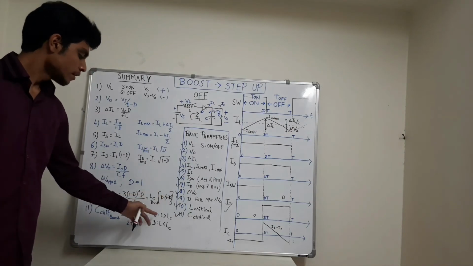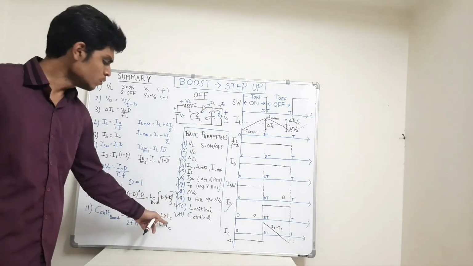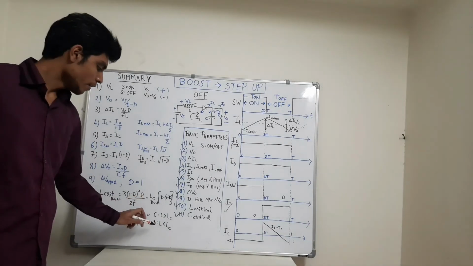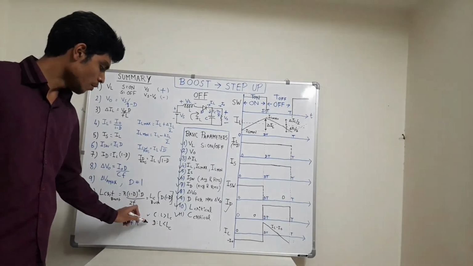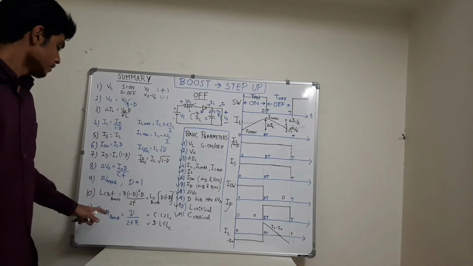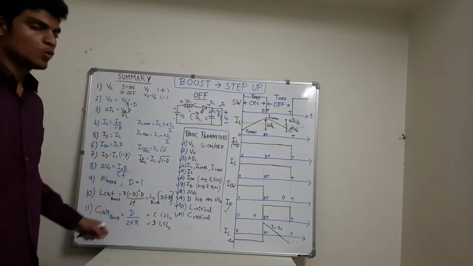For L greater than the critical value, the mode is continuous, and for L less than the critical value of inductance, the mode is discontinuous. C critical for the boost converter was given by D upon 2FR.